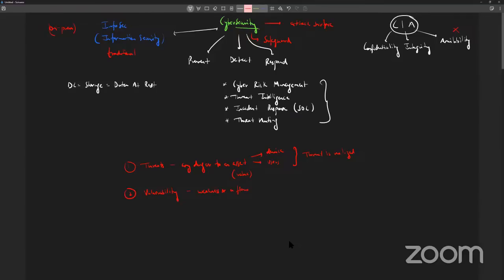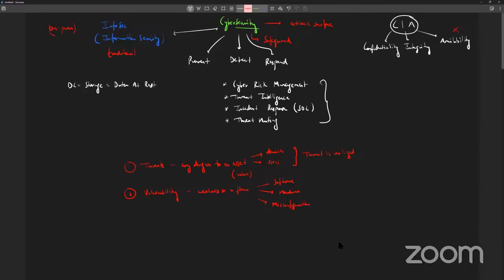Vulnerabilities can be in a design, in an implementation, in a software, in a code. A lot of times applications have vulnerabilities, operating systems have vulnerabilities. It could be in hardware as well. Any sort of misconfiguration can be termed a vulnerability as well.